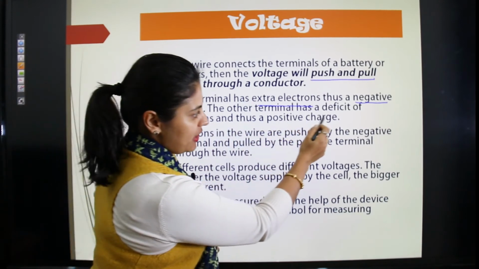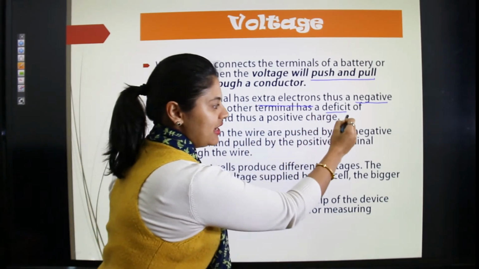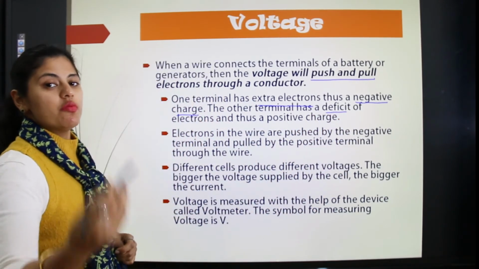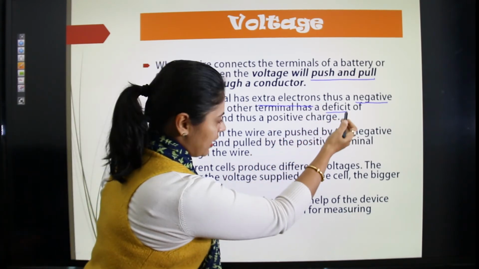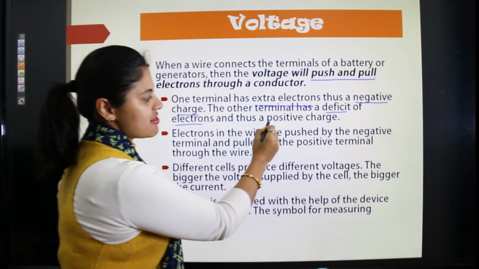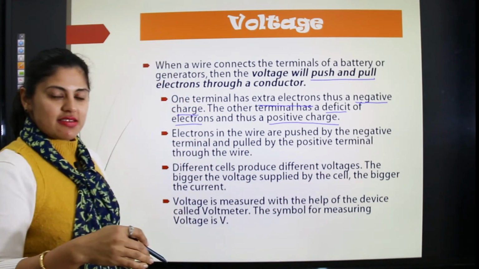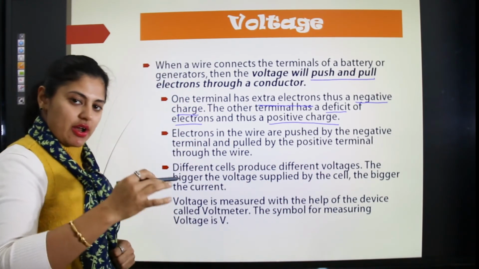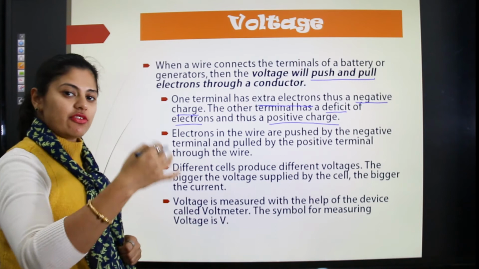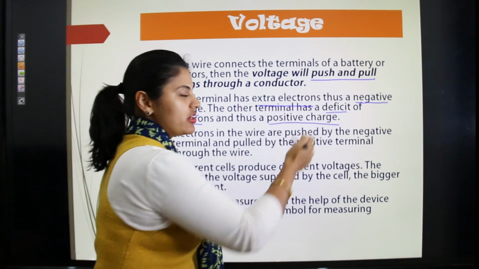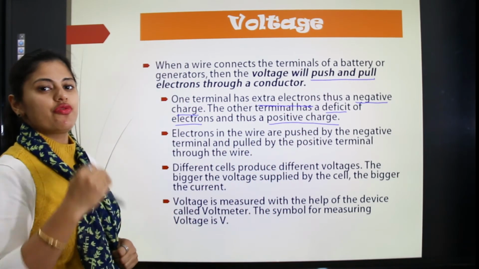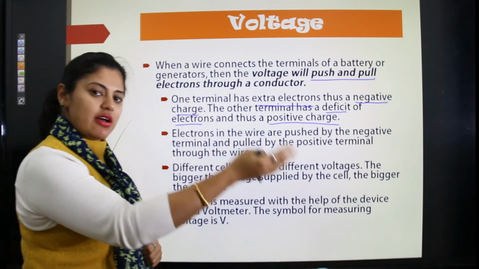The other terminal has a deficit, meaning fewer electrons, and thus a positive charge. If a body has excess electrons, the voltage gives a push to those electrons to move from the excess part to the deficit part.